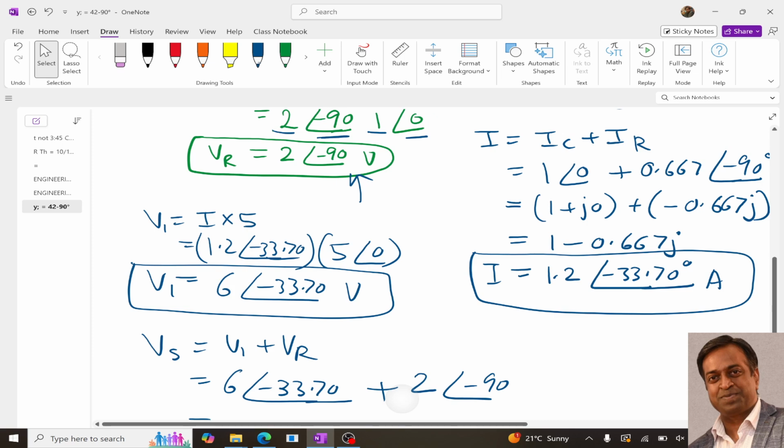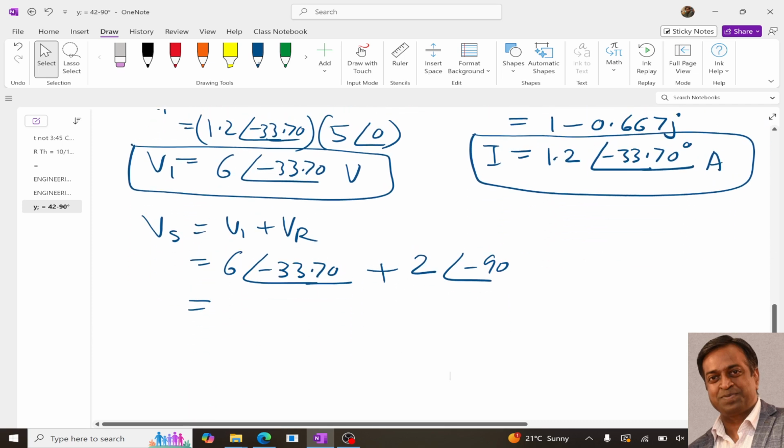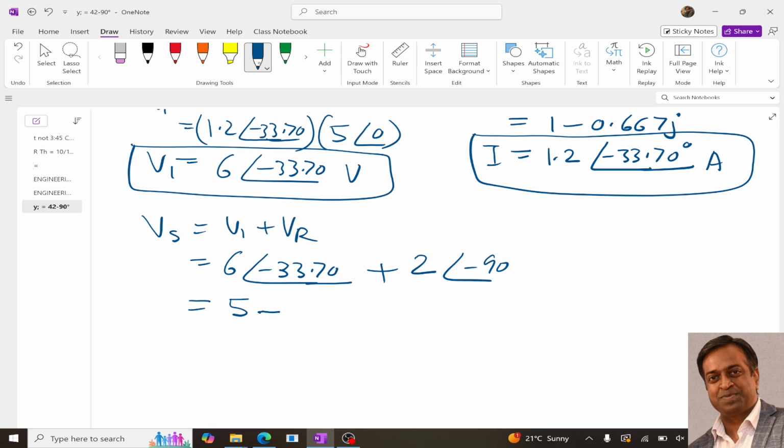Okay, so it will be 5 minus 3.335j, and plus 2 angle minus 90, it will be minus 2j.